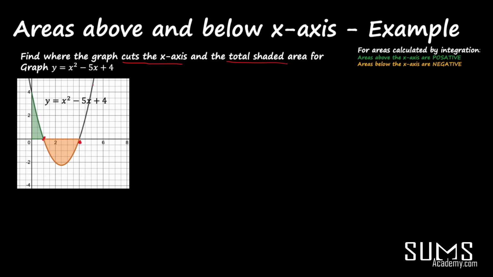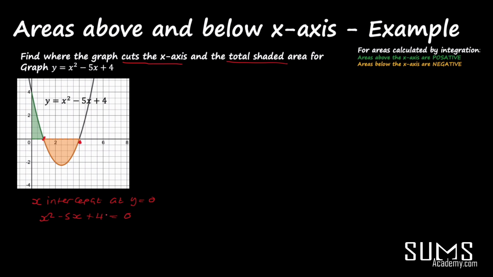Well, it's quite straightforward. This is a quadratic, so all we're going to want to do is factorize this. We can say the x-intercept is at y equals 0. So x squared minus 5x plus 4 equals 0.